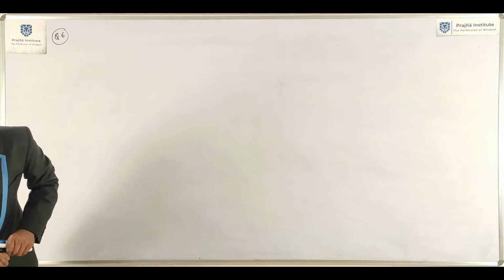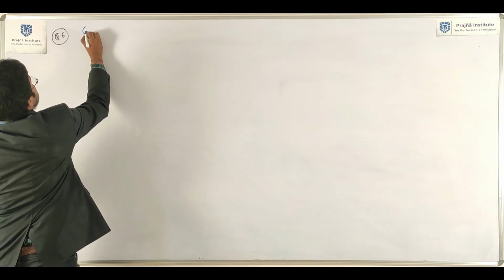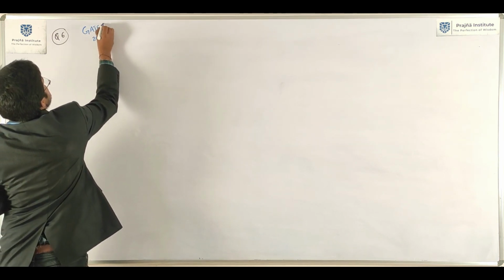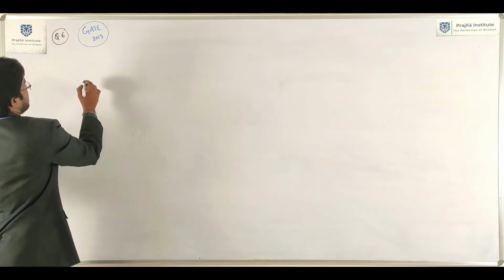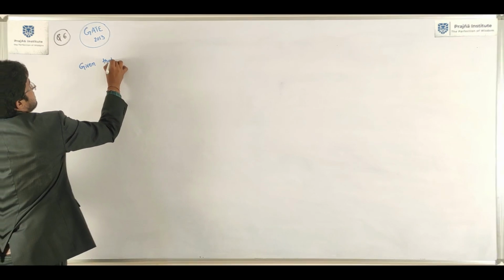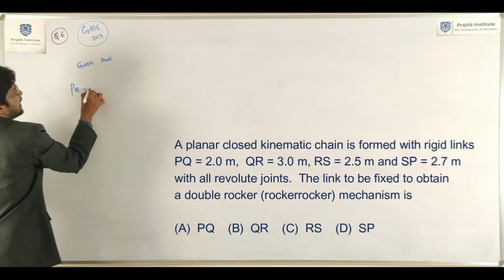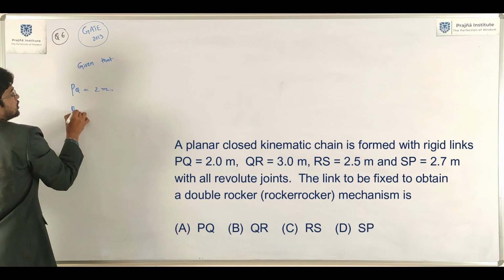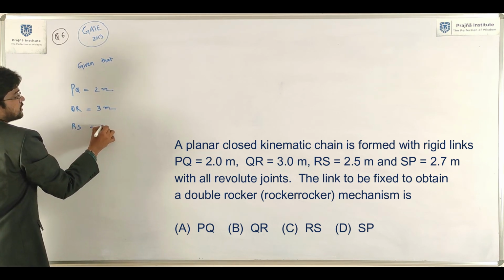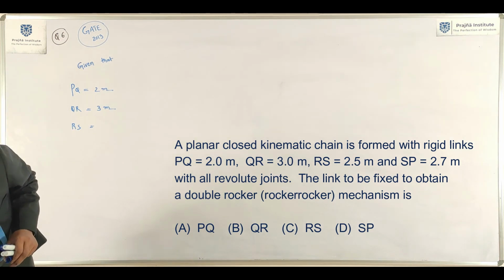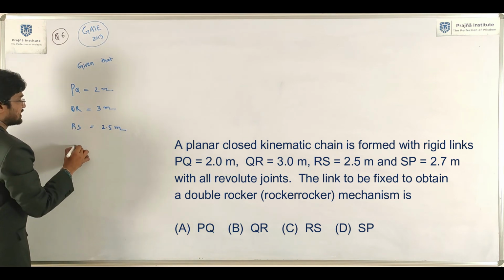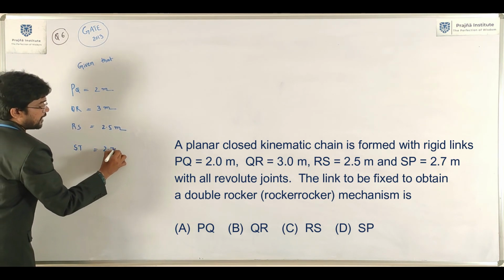Yeah, GATE 2013. Write down the given data. Given that PQ equals 2 meter, QR equals 3 meter, RS equals 2.5 meter, and SP equals 2.7 meter.